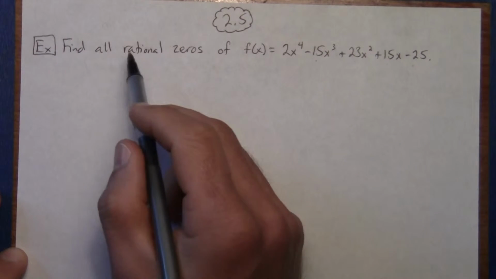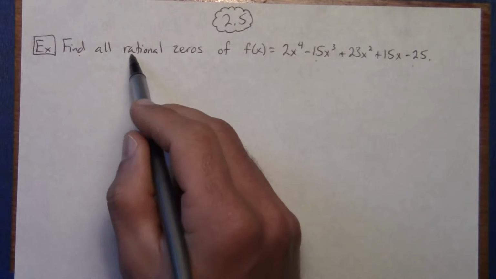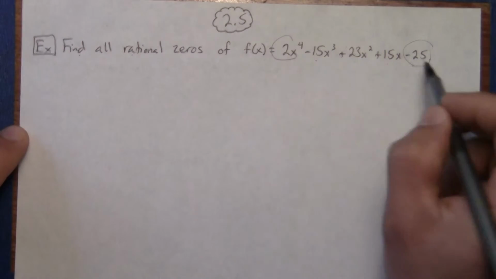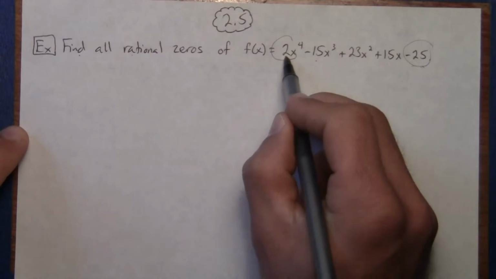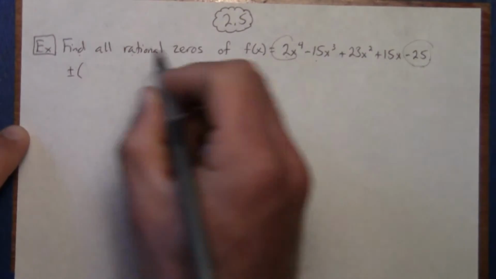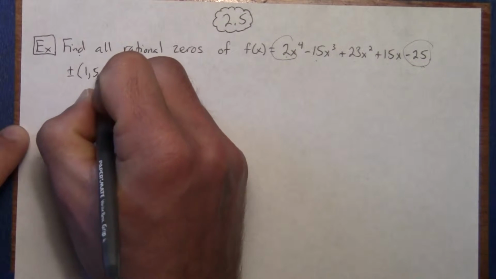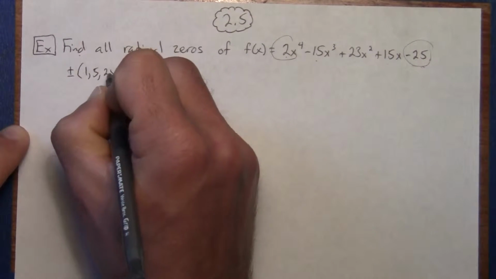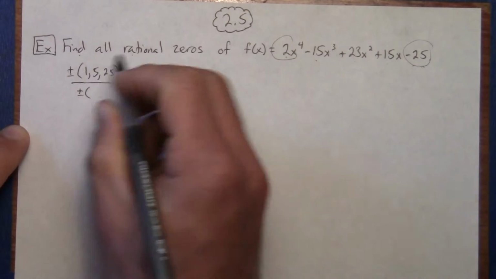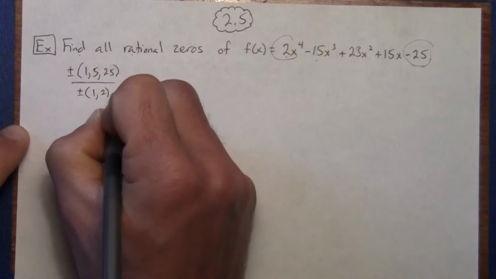Alright, so I know they want me to actually find all the zeros and their rational zeros, so do you remember the rational zeros theorem where you take factors of the back number, divided by all factors of the front number? So I'm taking plus or minus the factors of 25, so 1, 5, and 25, thankfully not that many, divided by factors of 2, which would be 1 and 2.